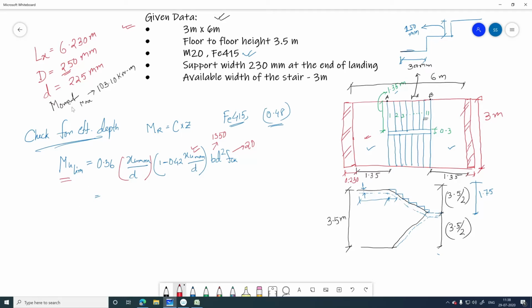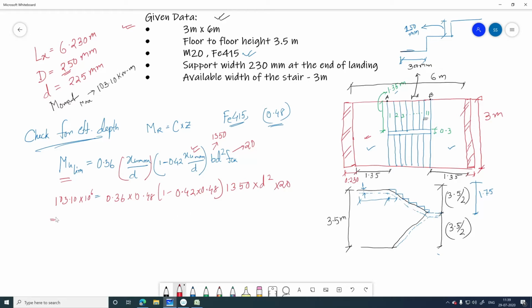Here we will put the maximum moment value, that is 103.10 into 10 to the power 6 because it is in kilonewton meter. So let's put all the values: 0.36, and here it is 0.48, 1 minus 0.42 into 0.48, b is 1350 and it is d square and 20.